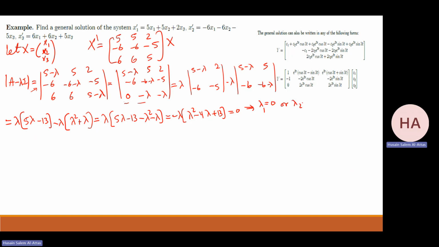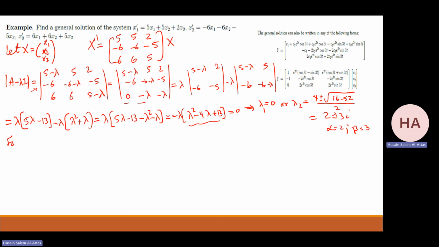Or lambda 2, the solution of this, which is 4 plus or minus square root 16 minus 52 over 2, which is what? This is minus 36, so it will be 6i, that will be 2 plus or minus 3i. So my alpha is 2, and my beta is 3, which is correct.